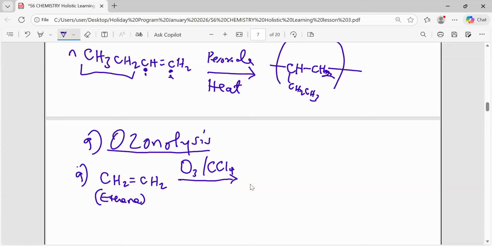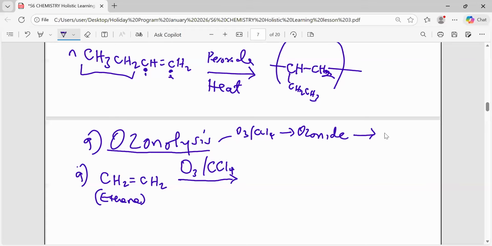Do we form aldehyde immediately? They react with ozone to form ozonide, which on hydrolysis generates carbonyl compounds. I like that. So, in simple terms, during ozonolysis, we are adding ozone in the presence of carbon tetrachloride to form ozonide.